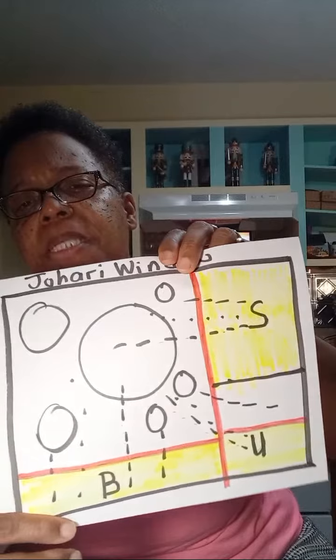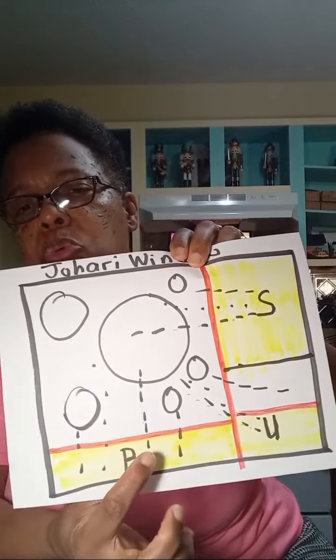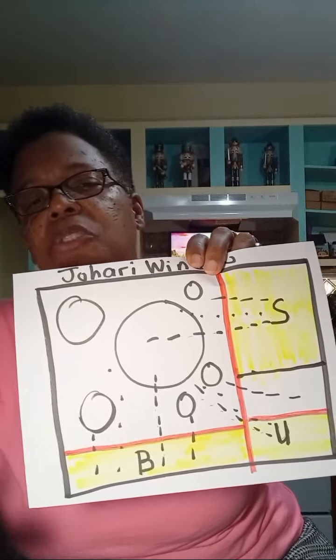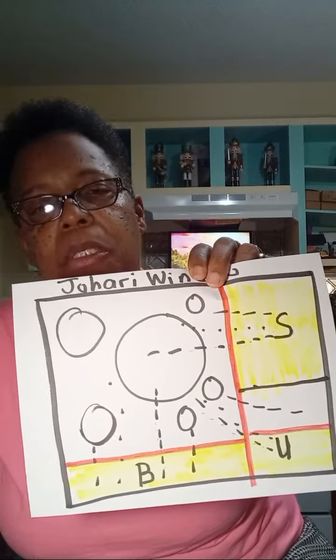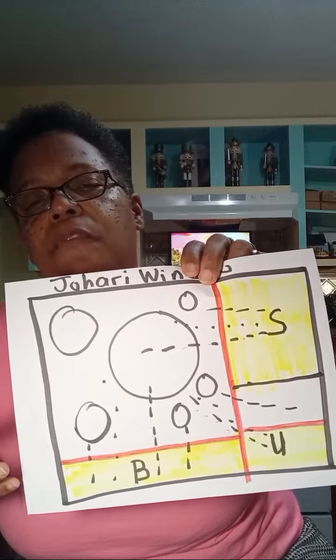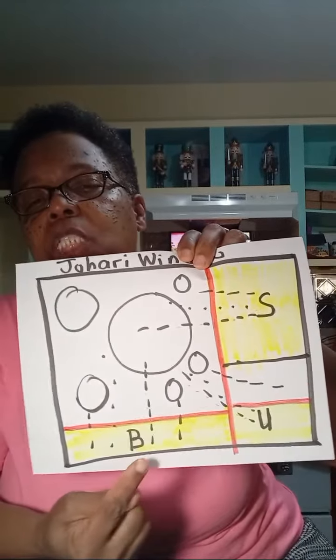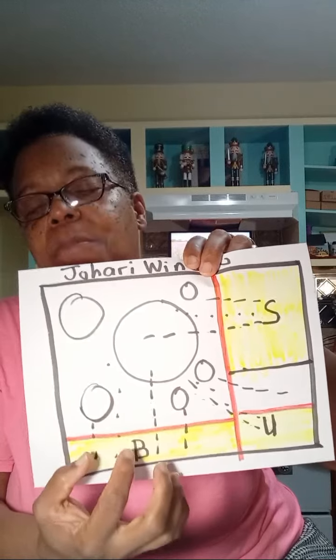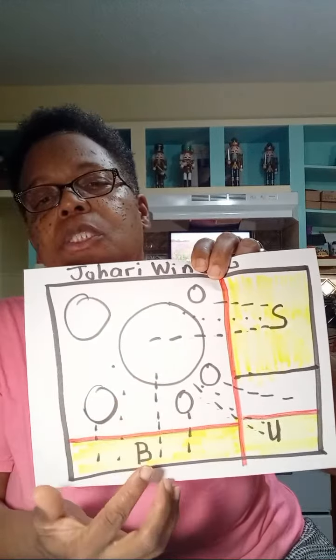What's going to happen is people who really care about you and really want to see you succeed and do better, or even if you're not, if you're doing things that you know you're messing up on, you're going to need to know some of that constructive criticism, that information coming from that blind area of the Johari window.